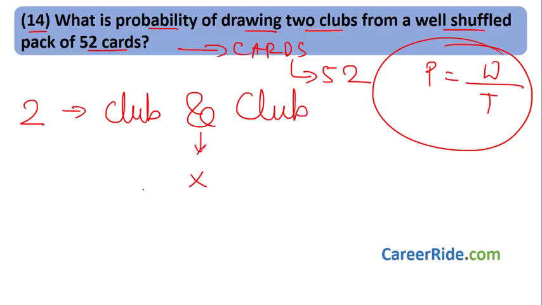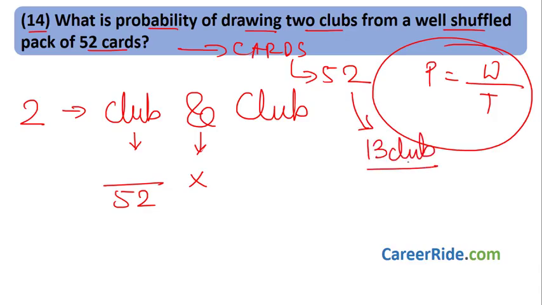And means multiplication. Taking the first club card, total possibilities 52. How many club cards are there in this pack of 52? There are always 13 club cards, right? So I want club, total possibilities for club are 13. I take the club card, keep it in my hand, I do not replace it, right? Now I want to pick up the second club card. So already one club card has gone, so while picking the second club card, total possibilities are 13 minus 1, 12, and already one card is in my hand.